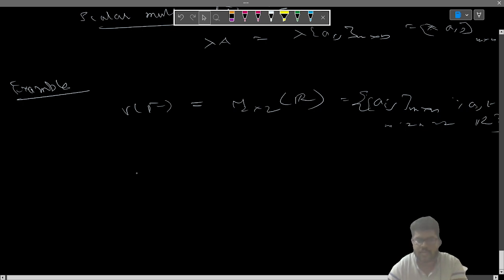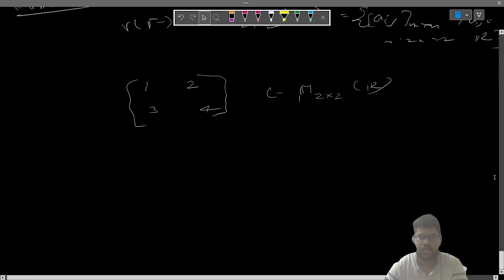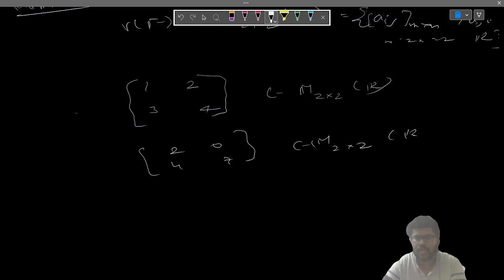So now, taking an example, suppose the matrix [1 2; 3 4] belongs to M2 cross 2 over R, right? And [2 0; 4 7] belongs to M2 cross 2 over R.